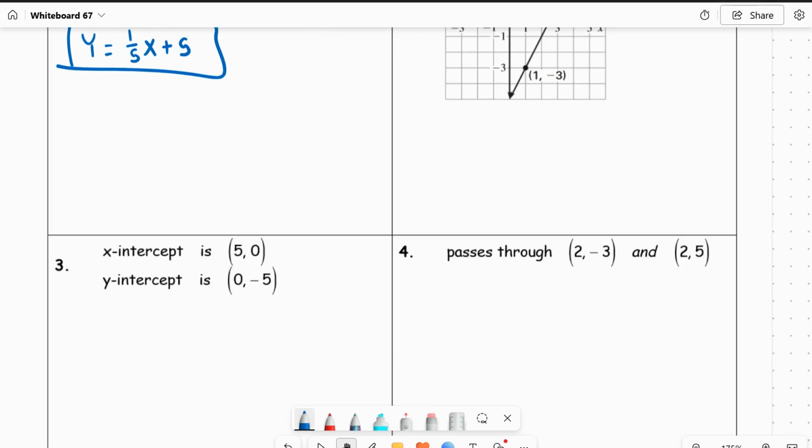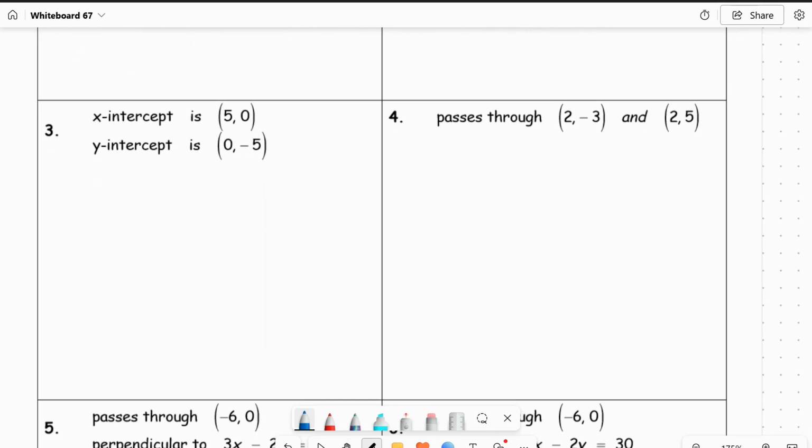Okay, let's continue down the left side. For 3, I have both my x-intercept and my y-intercept. The easiest way to do this one would be to first calculate your slope. So I've got x1 and y1, x2 and y2.